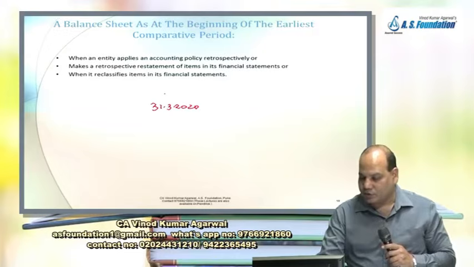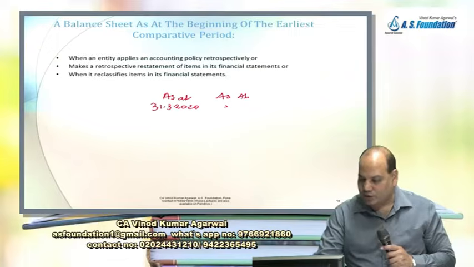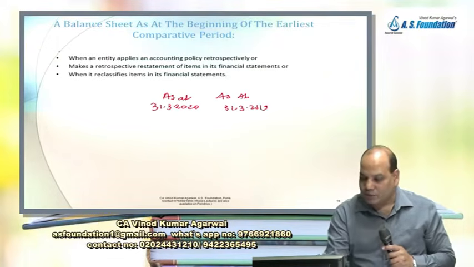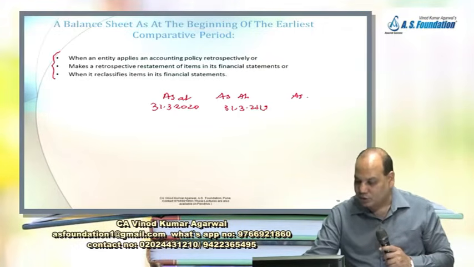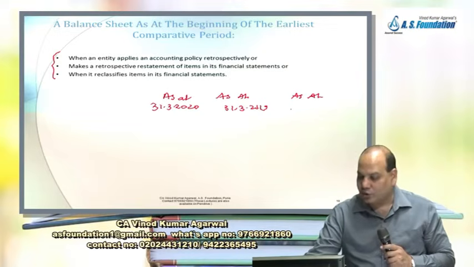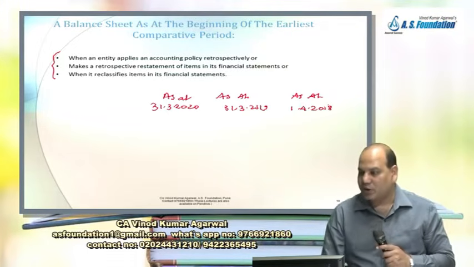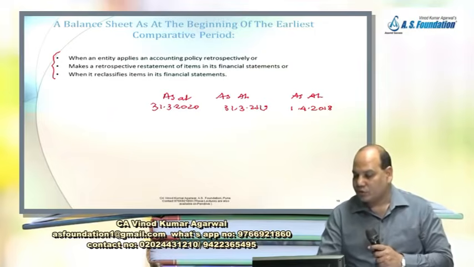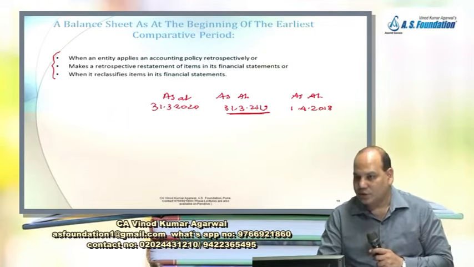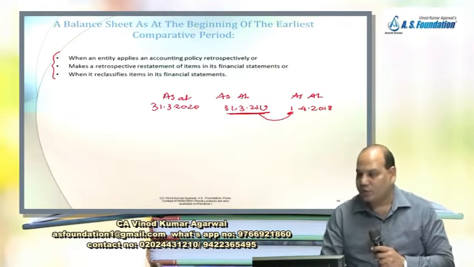So this balance sheet I am going to give as at that date. I am also going to give a comparative balance sheet at 31st March 2019. But if either of these three conditions are fulfilled, then I am also required to give one more SOFP as at the beginning of the earliest period presented. So which is the earliest period presented here? 31st March 2019. The beginning of this year is 1st April 2018.